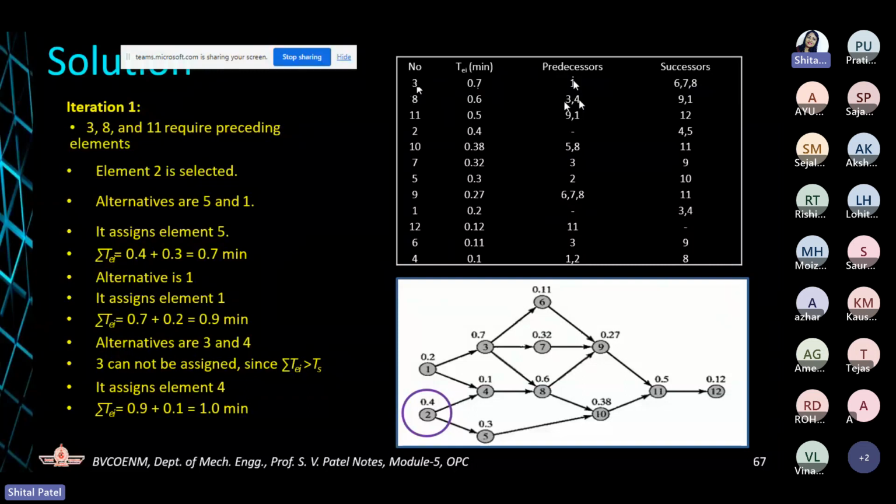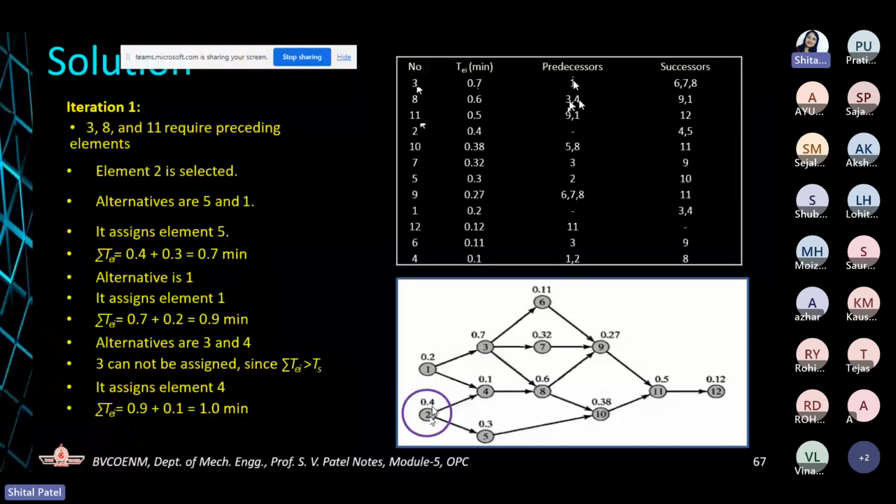It needs predecessor activities 3 and 4 to be completed, so we cannot proceed. Then 11 also requires 9 to be completed. The next is activity number 2, consuming 0.4 minutes, but it has no predecessor, and in the network diagram it is the very first activity. So under the largest candidate rule, we first allocate activity number 2.